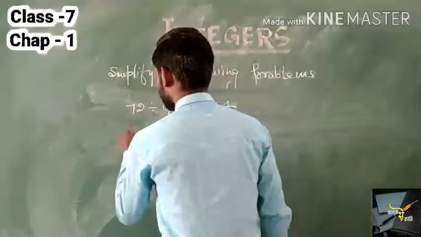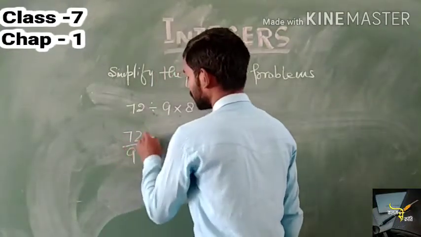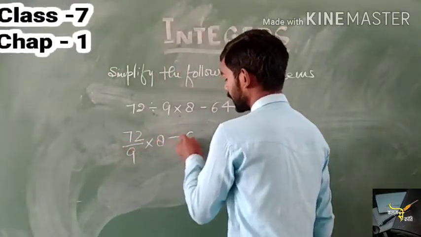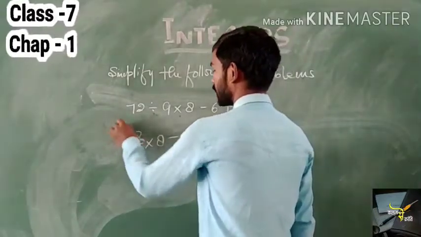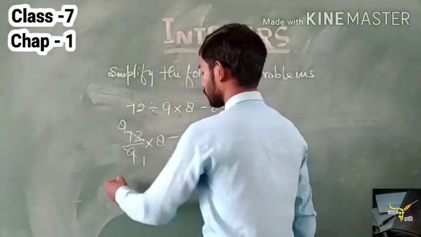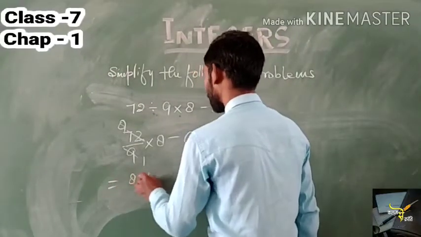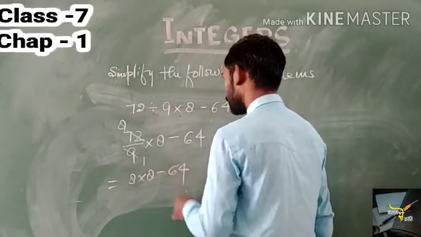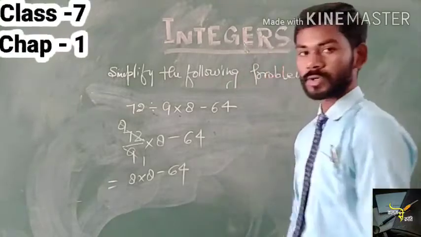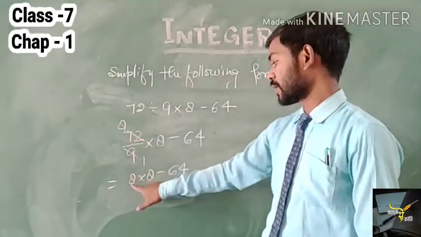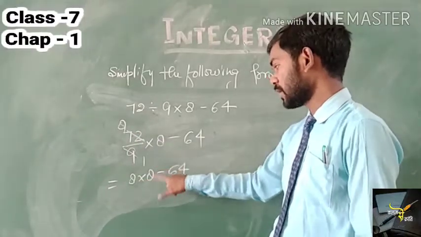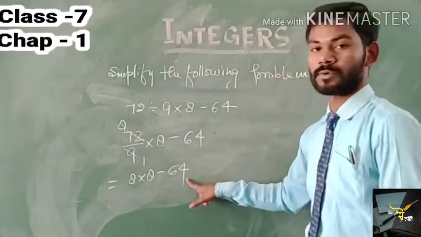So we write 72 divided by 9 multiplied by 8 minus 64, and 9 eights are 72. So here we get 8 multiplied by 8 minus 64.